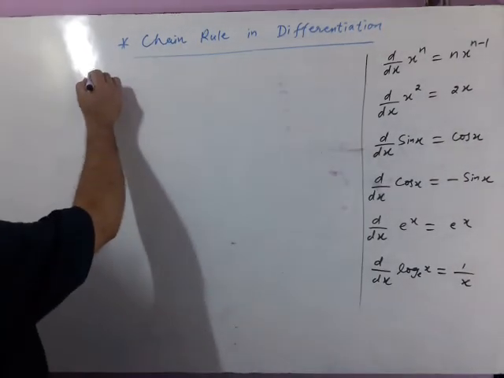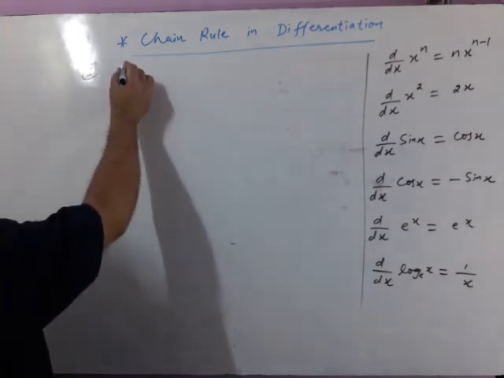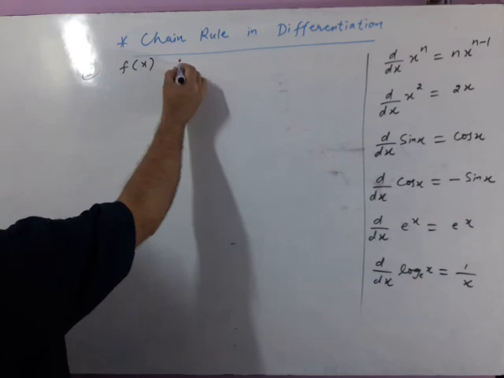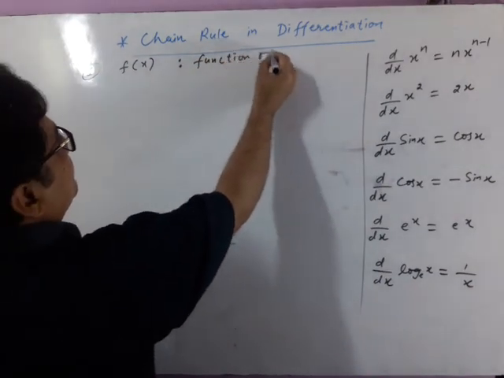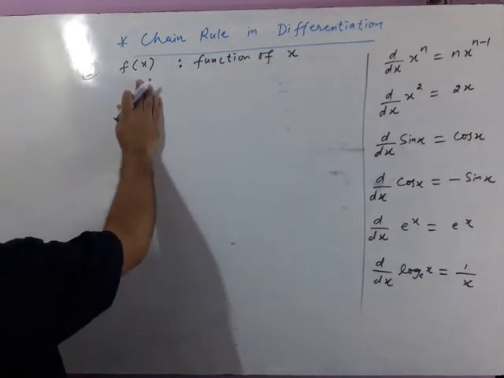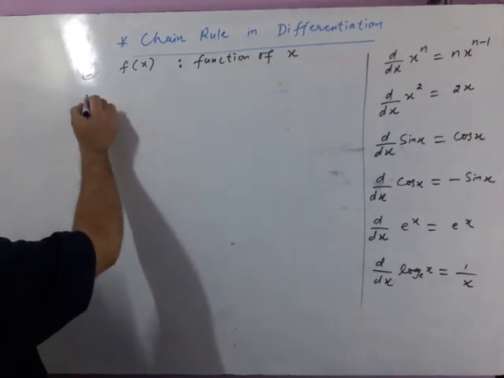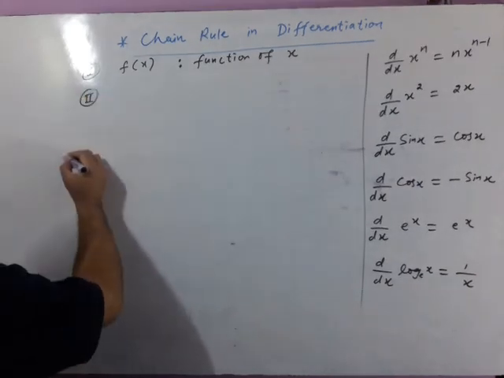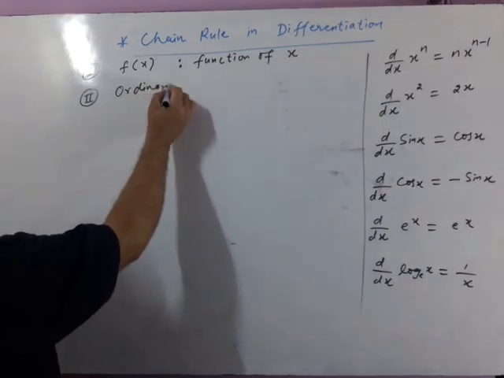For chain rule in differentiation, step number 1, recognize the function of x. In the question you will be given some function of x. Step number 2, ordinary differentiation.